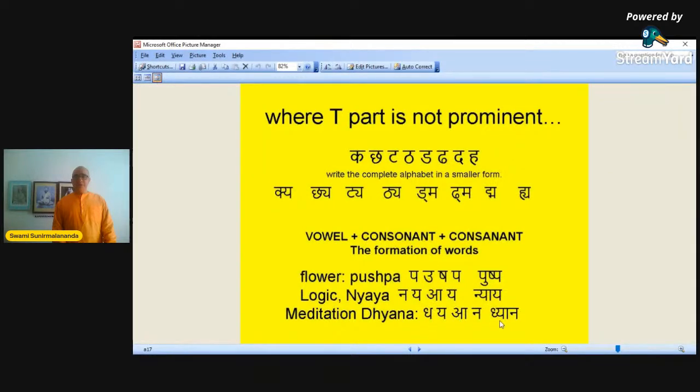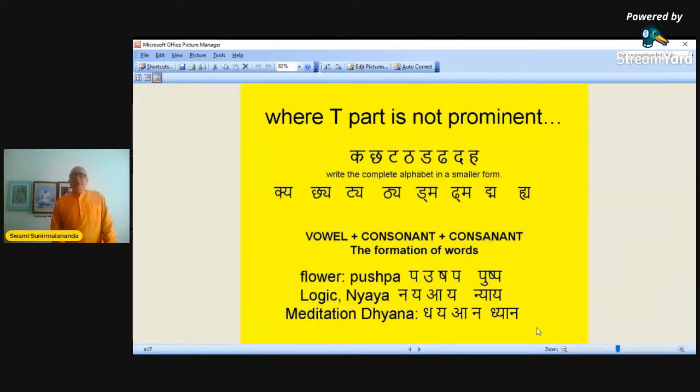Remove the T portion, write the ya, and when you combine a consonant with a vowel, you need not write the whole of the vowel. You just use the last part or some design. So it becomes dhyana. You don't write it this way, you write it this way. So pushpa, nyaya, dhyana.